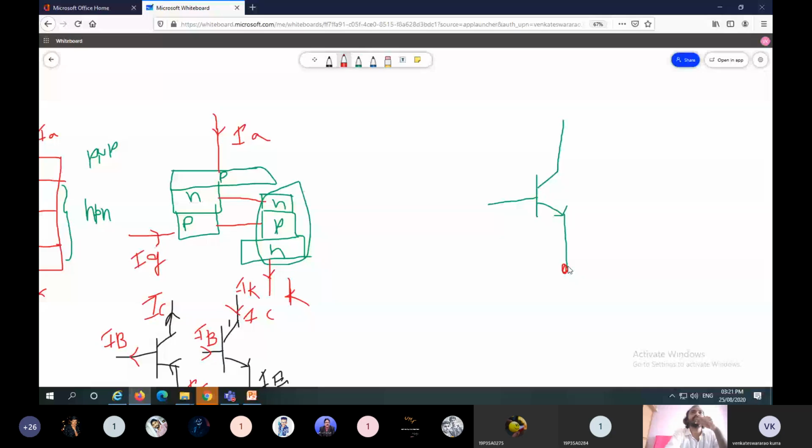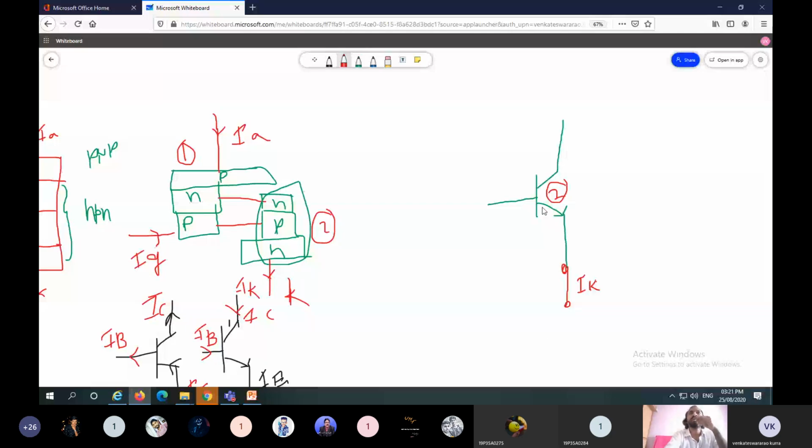This one is cathode current IK. This one is transistor 1. The first transistor is PNP transistor and the second transistor is NPN transistor. And gate is connected to the NPN transistor. So this one is gate and gate current is IG.